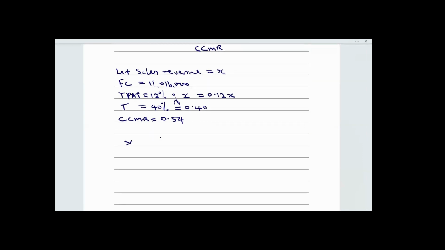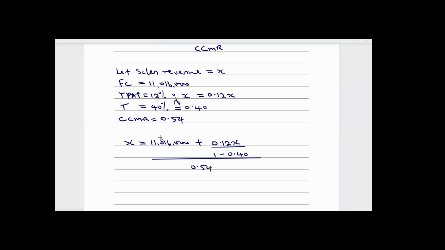Sales revenue, which is X, is equal to 11,016,000 plus the targeted profit after tax of 0.12 of X divided by 1 minus the tax rate, 1 minus 0.4. Then everything is divided by the composite contribution margin ratio of 0.54.